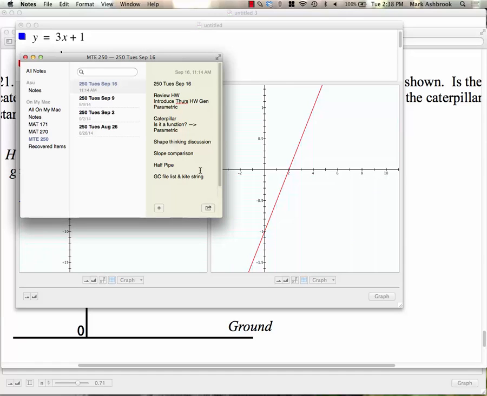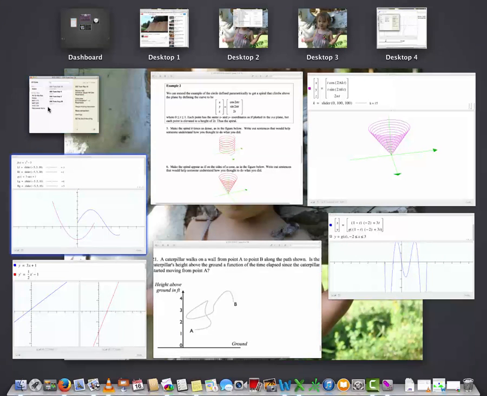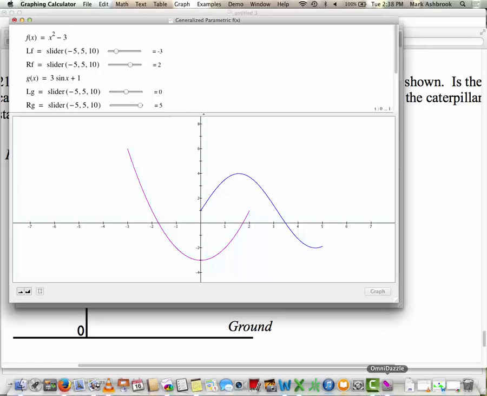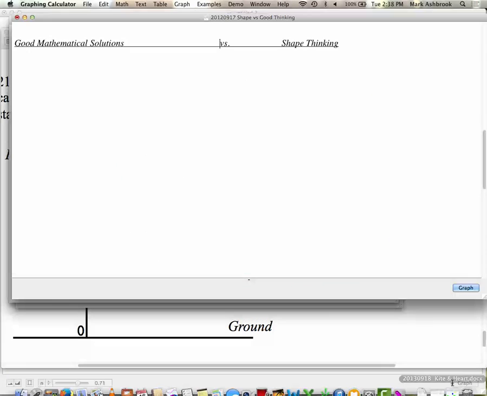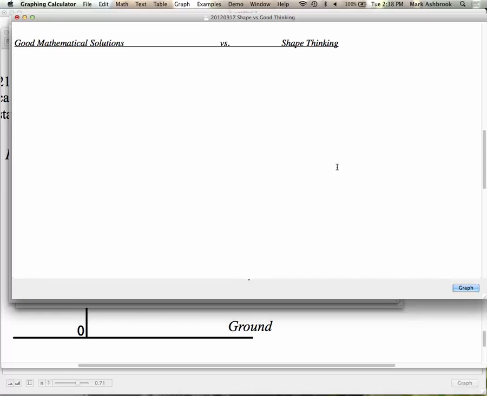Okay, so let's have a discussion. So this is going to play into your problem solving, creating visuals.